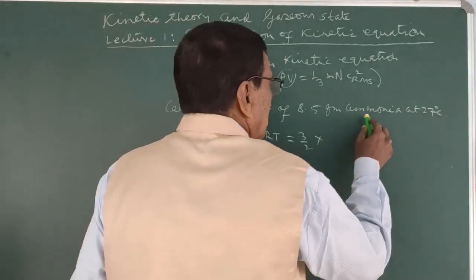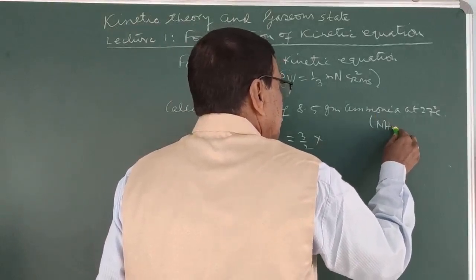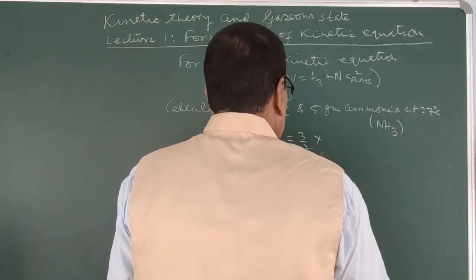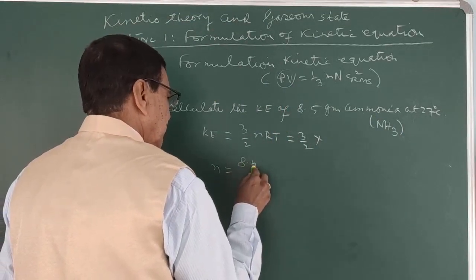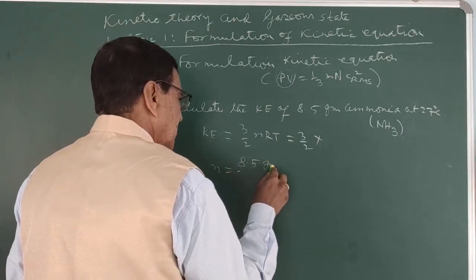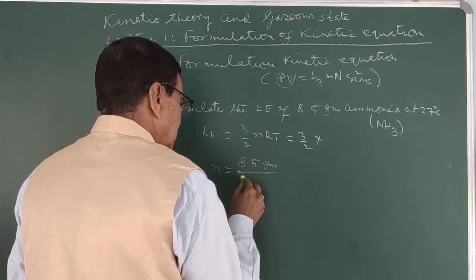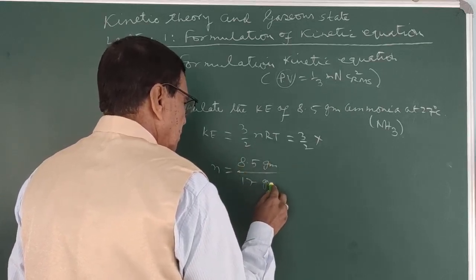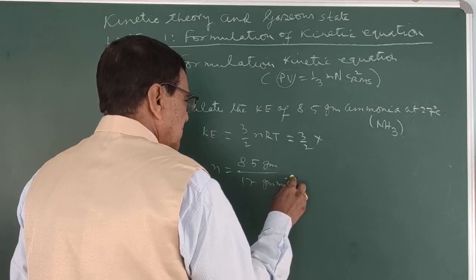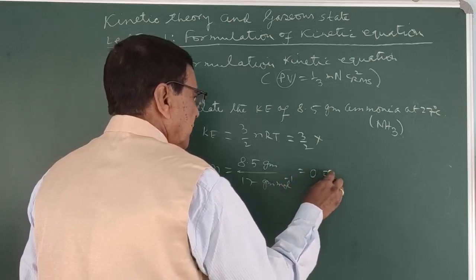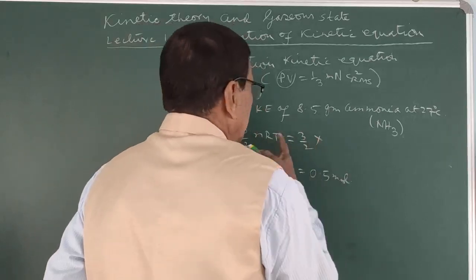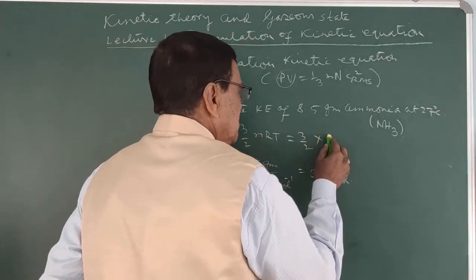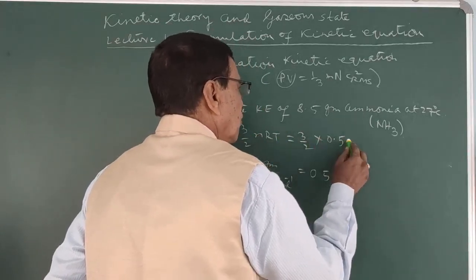Ammonia has the formula NH3. So n equals 8.5 gram divided by 17 gram per mole, so this will be 0.5 mole. So here instead of n we can write 0.5 mole.